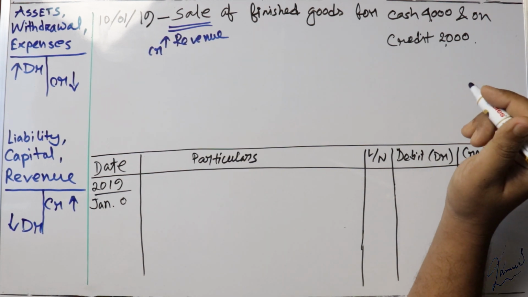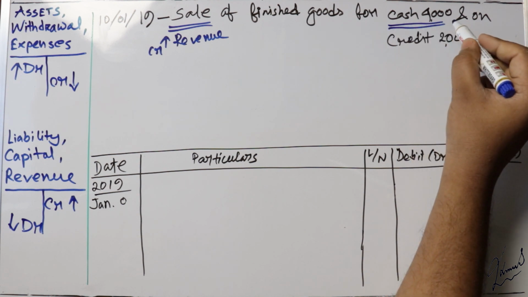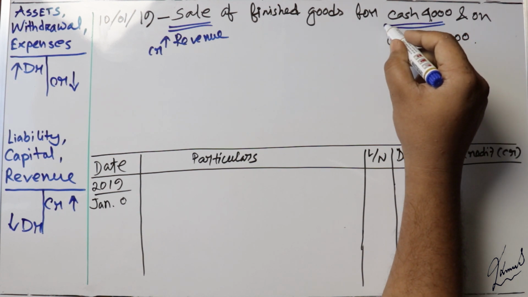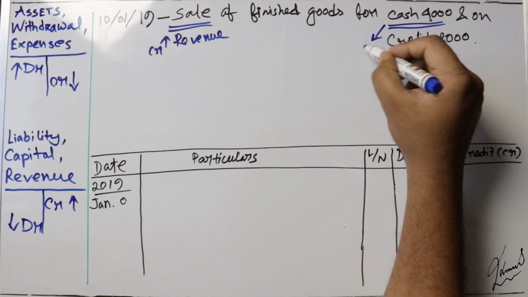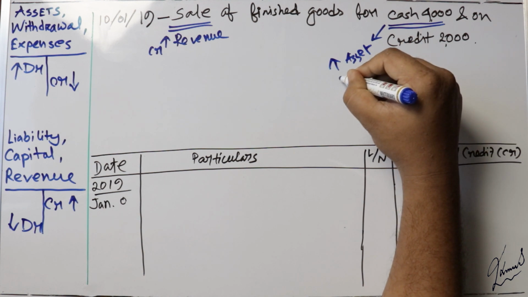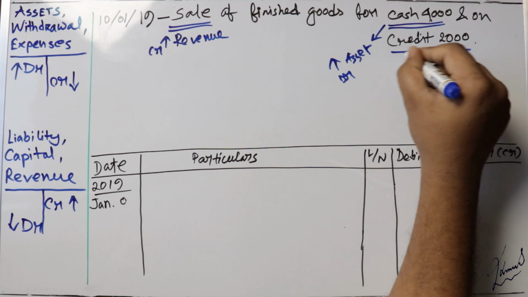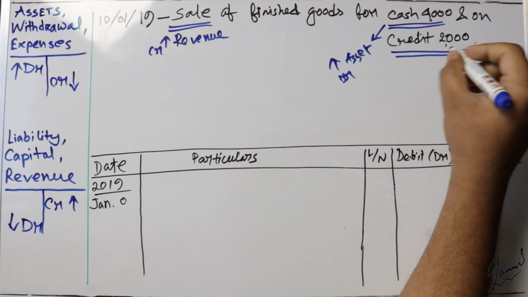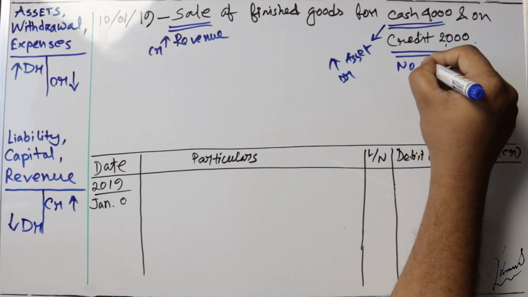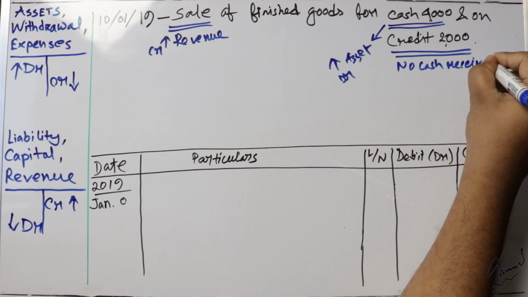At the same time, we have also received some cash, that is 4,000, and cash is an asset, as you have already heard. When assets are increased, they are debit. At the same time, some of the sales was on credit, and therefore we have not received any cash for this 2,000, but we will receive this 2,000 at a later time.